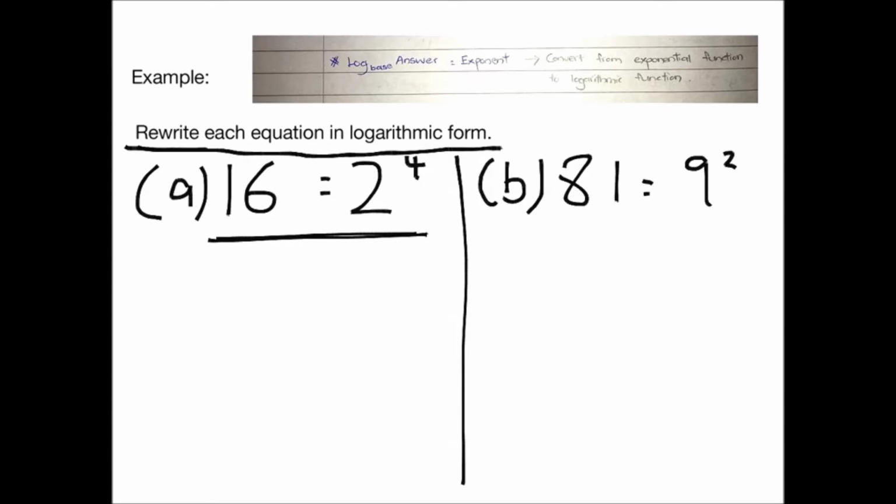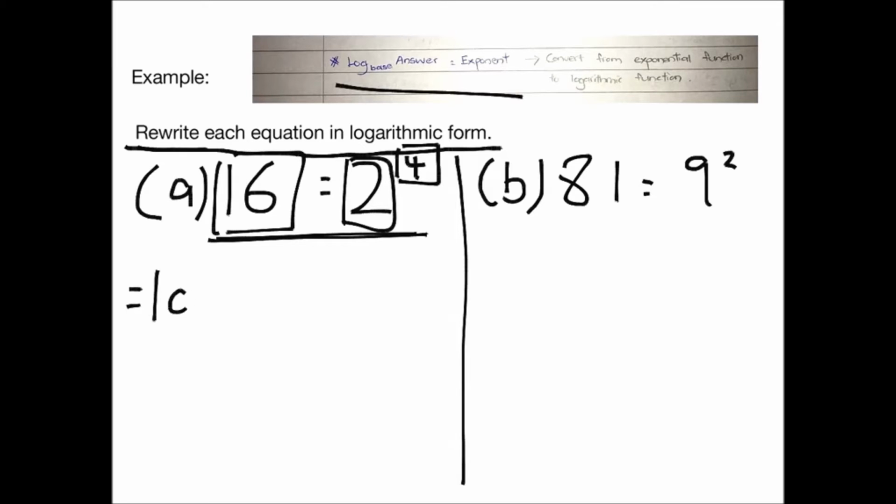Okay, so you guys can look at this to review. Now we know the answer, the base of the exponent, and also the exponent from the exponential form. So it's very easy. You just put equal log. As I said just now, log is always first.